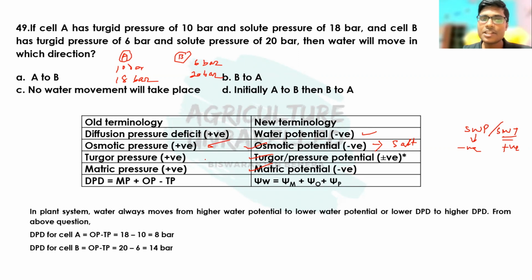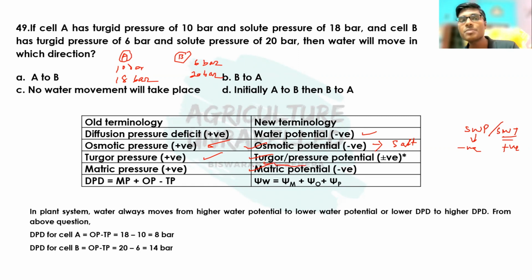Coming to the next, turgor pressure is always positive. Turgor pressure is the pressure exerted by the water on the cell wall. It indicates the turgidity of a cell, and if turgor pressure is high, then the plant cell moisture content is high, and it helps in maintaining the shape of the cell.